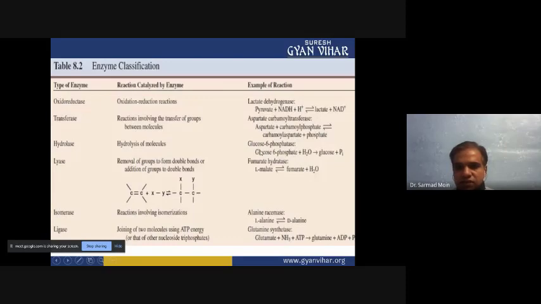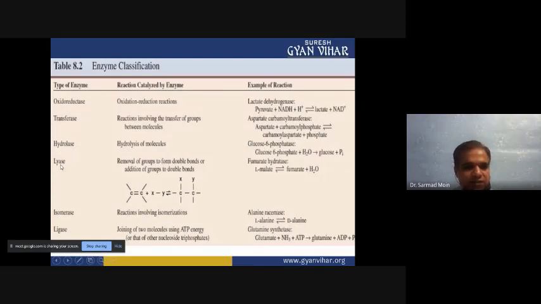The phosphate molecule is attached at the sixth position of the glucose. That's why it is glucose 6 phosphate. When glucose 6 phosphate reacts with water, it releases the phosphate molecule and converts into glucose. For this reaction, we need the glucose 6 phosphatase enzyme. It is a type of hydrolase.